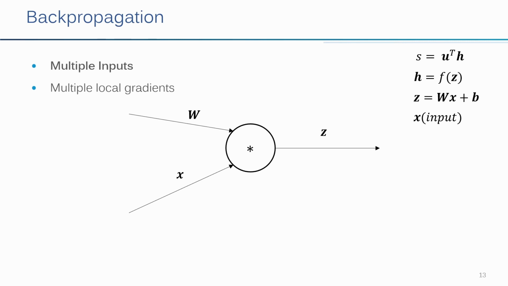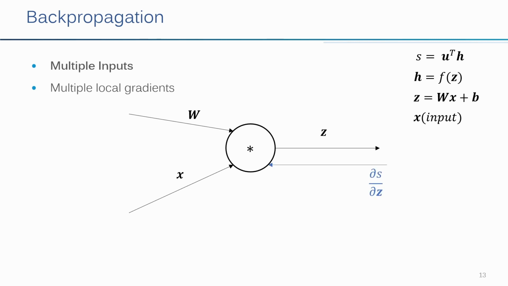In this case right here, we have multiple inputs, which means that eventually we're going to have to calculate a gradient for all of them. And of course, the internal node or the local gradient also has to be calculated with respect to each of those inputs. So on top of calculating the downstream for each of them, we also have to take into account the function that's combining them and derive with respect to each and every one of them.